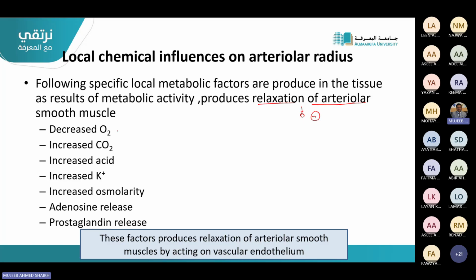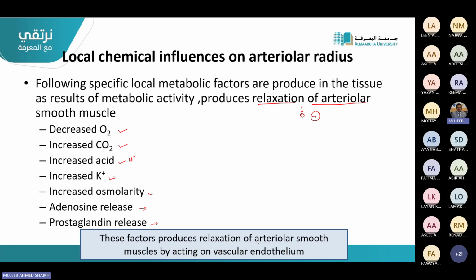So what are the causes of vasodilatation? Decreased O2, increased CO2, increased H ion concentration or decreased pH will lead to vasodilatation. Also increased potassium locally, increased osmolarity at the local area, release of adenosine, and release of prostaglandin.